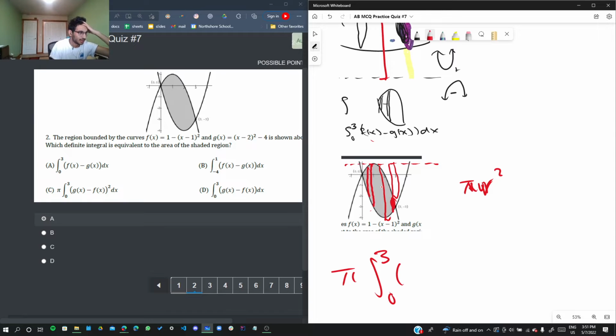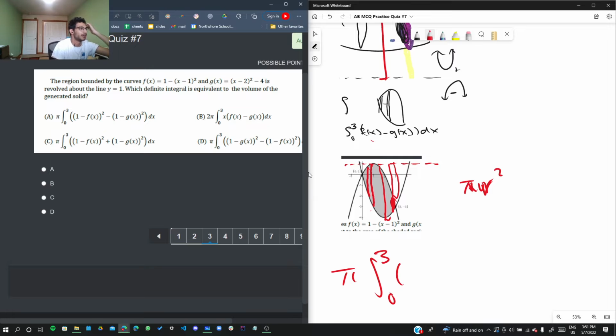So then now it's just pi from 0 to 3, and then you have the outer minus the axis. Let's go back to here. Right here, they're just doing axis minus. It doesn't matter because you're going to square anyway. So it's 1 minus g of x whole squared, so this is the outer, the g of x is right here. So then it's outer minus the axis, and then subtract from the inner minus the axis.